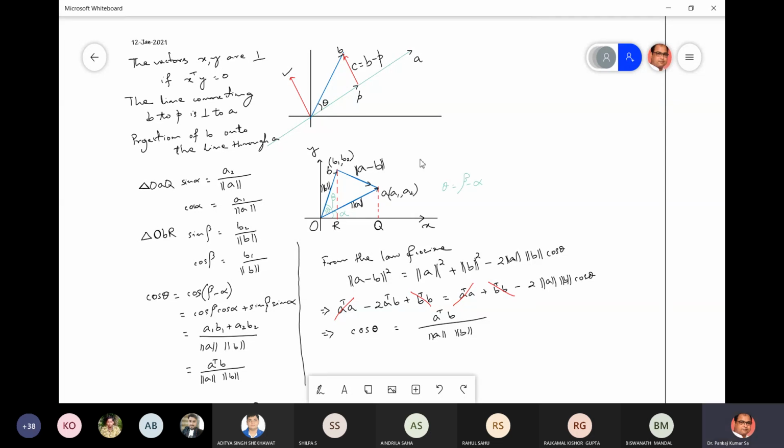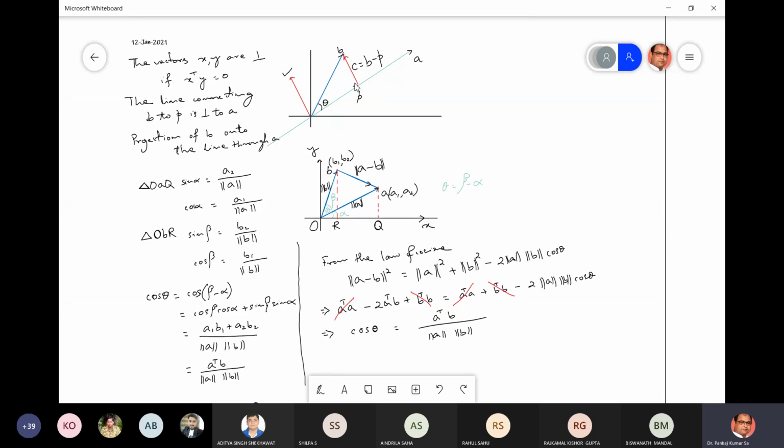And in this regard, we got something called P. This is the P vector. Along with this P vector, we got the C vector. C is equal to B minus P, or P plus C is equal to B.